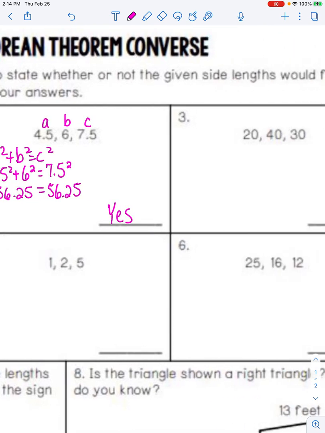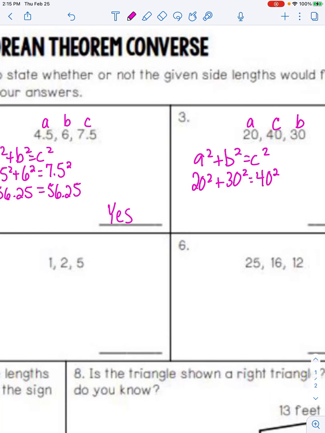So now let's take a look at number 3. On number 3, we have 20, 30, and 40. So the largest of those, which is 40, will be C, and the other two I'll make A and B. First write your formula, A squared plus B squared equals C squared. So 20 squared plus, we said B is 30 squared equals 40 squared.